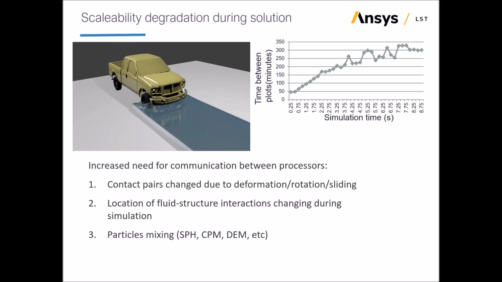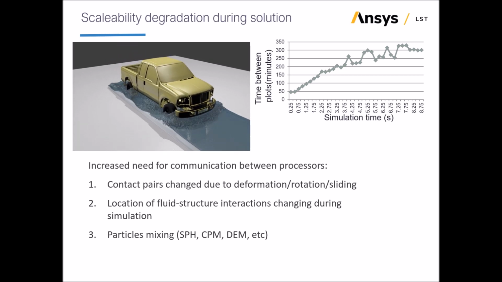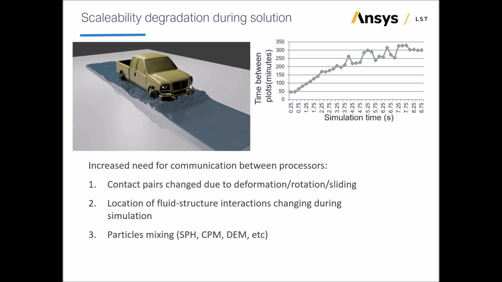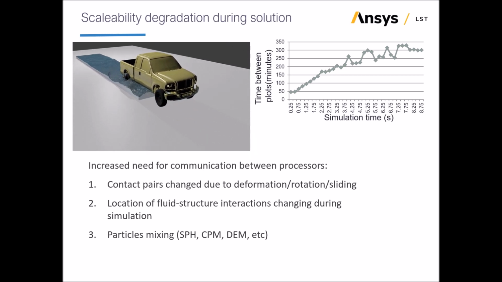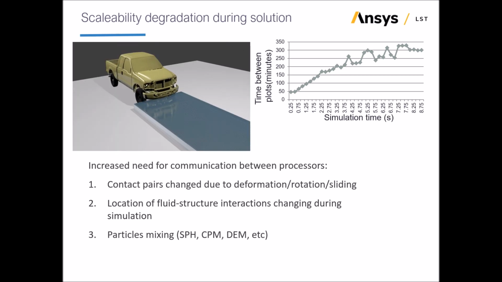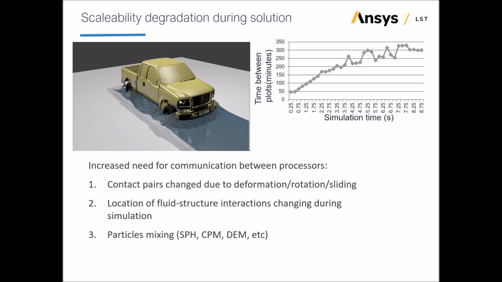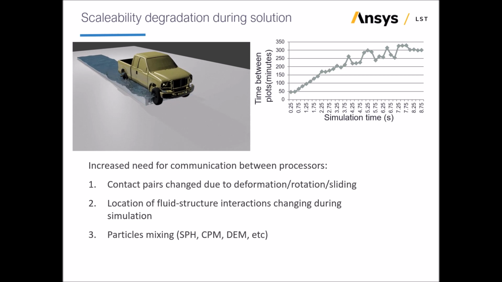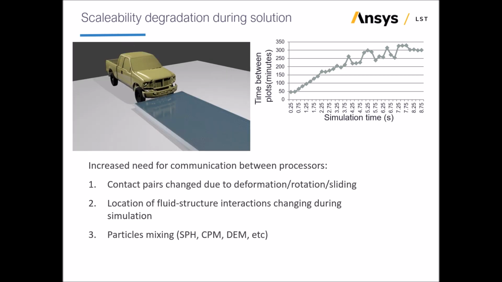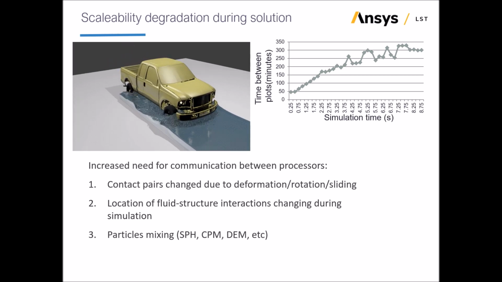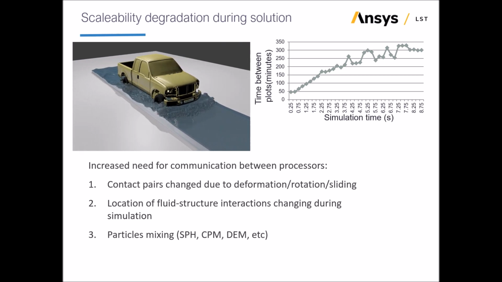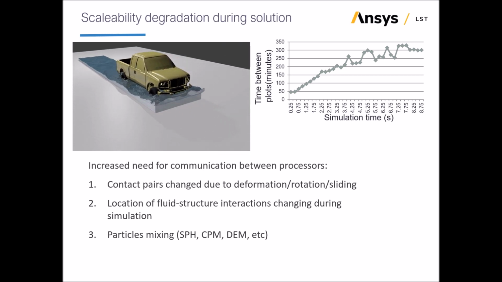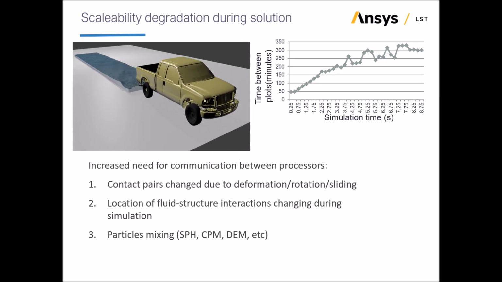For example, one processor may become a bottleneck if it's trying to deal with an unfair share of contact compared to all the others. Or it can happen because the communication needed between the domains increases dramatically. In both cases, the division of elements into domains that was optimum at the start of the analysis becomes far from optimum later on. But help is at hand.